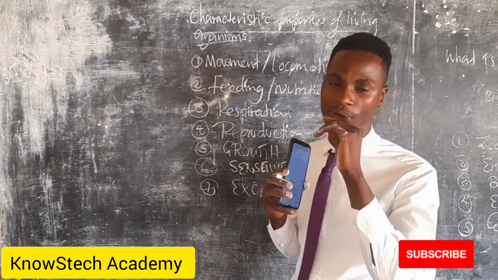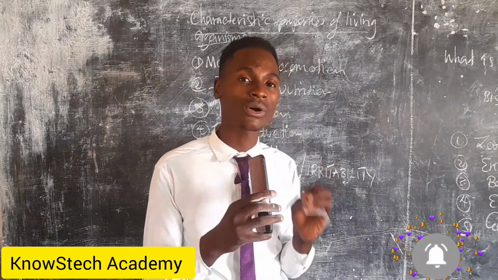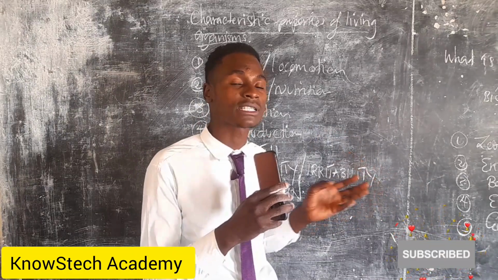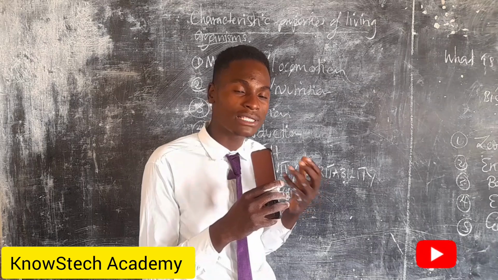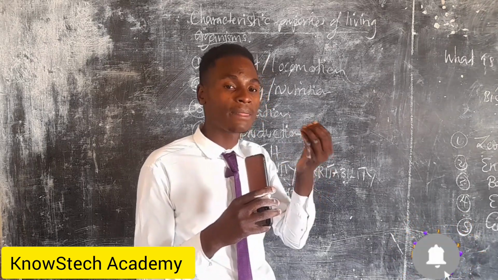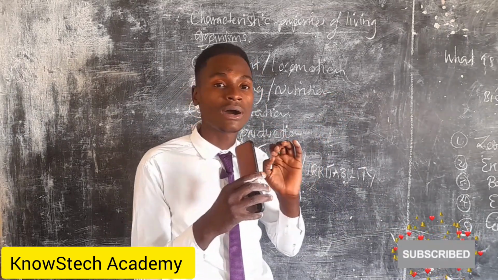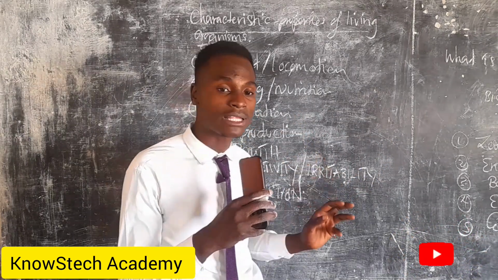Let me use an example of human beings. Human beings have excretory organs because waste is manufactured in the body. When we eat or drink water, there are chemical reactions. Remember biochemistry, one of the branches of biology; there are chemical processes that take place.